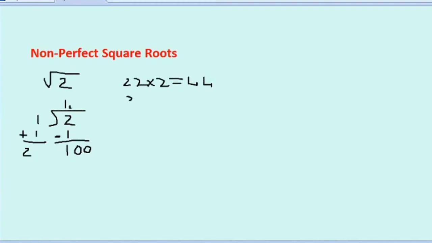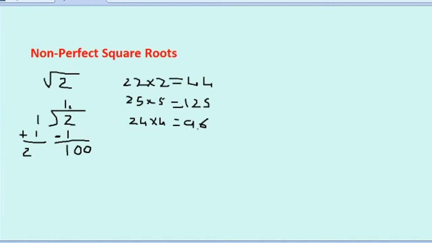If I write 5, 25 into 5 will become 125, which is bigger than 100, so we cannot take it. So we'll take 24 into 4, which is equal to 96, right?